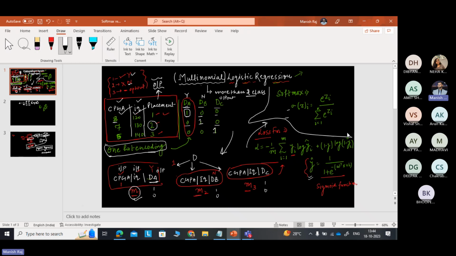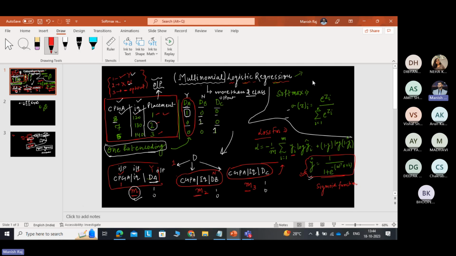But sometimes we can use the formula directly, like when you use libraries such as sklearn, we can go for it directly. Till now you were using this formula for the binary case.